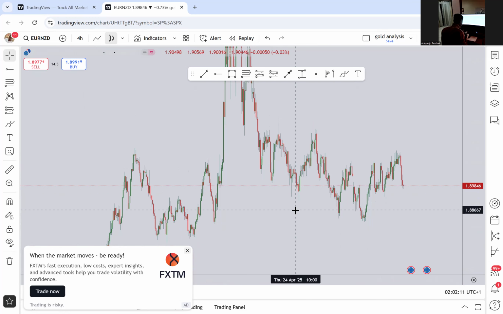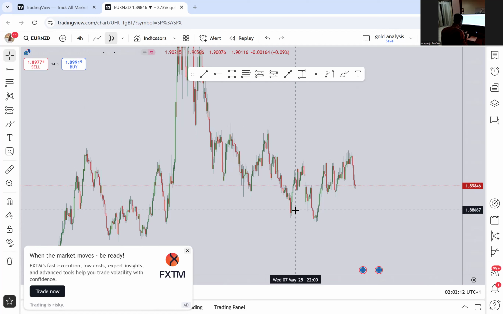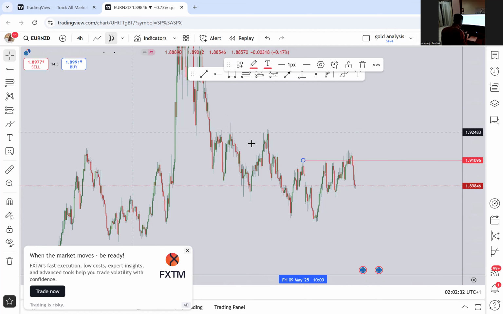So today we are going to be looking at this sell example, what's currently happening on the Euro NZD. So basically, we can see that price has actually gone down a few times. We've marked previous lows, sorry, previous highs, and we've got this high as well.